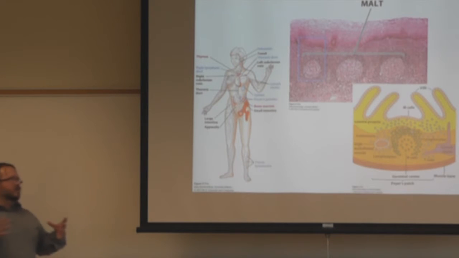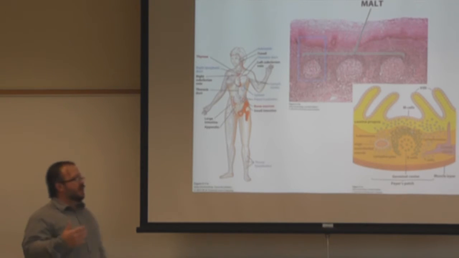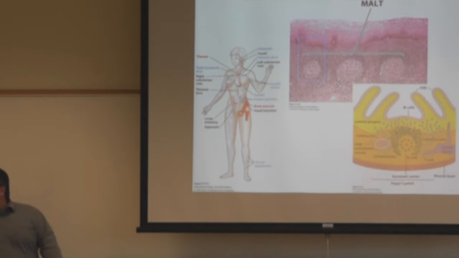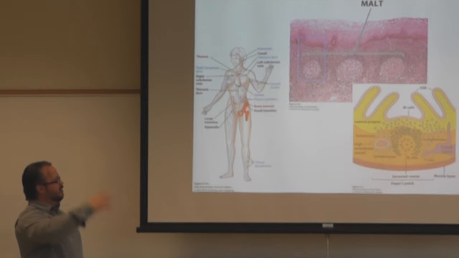They're just lying in wait, and they have specialized M cells that create these little pockets. So you've got lots of villi moving things along, absorbing nutrients, but then you have these M cells whose job it is to basically move antigens across them and into the underlying immune cells that are lying in wait, waiting for signals.